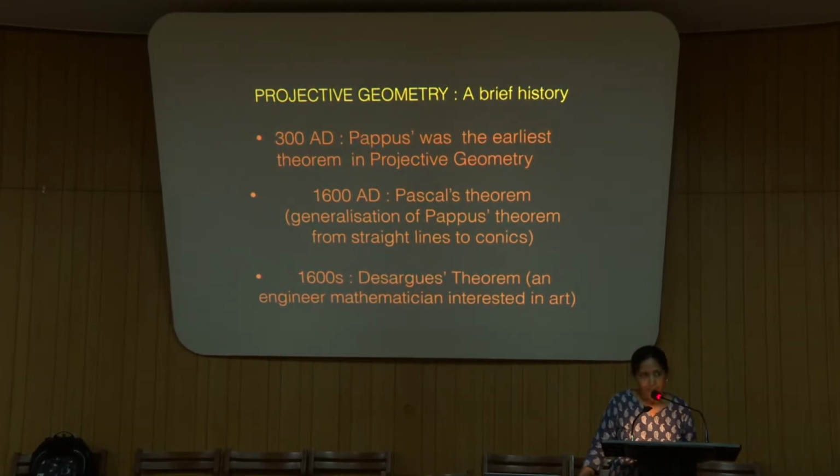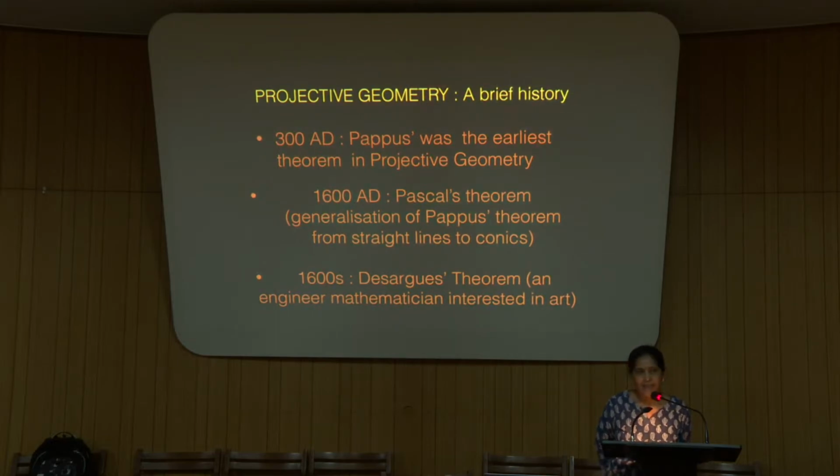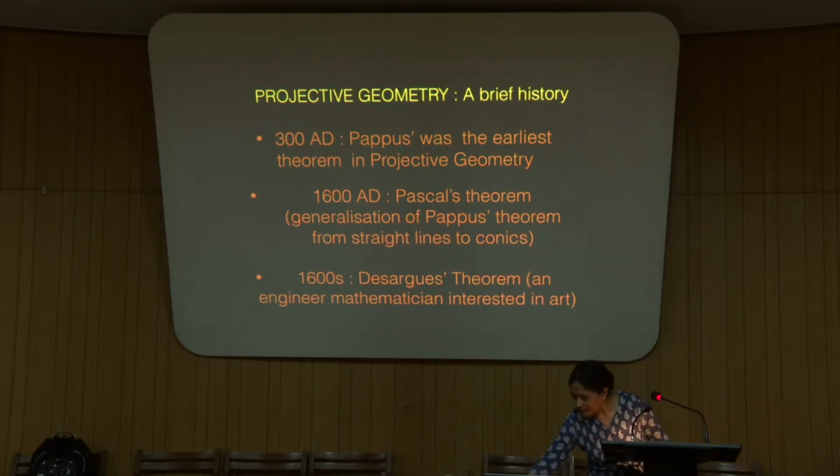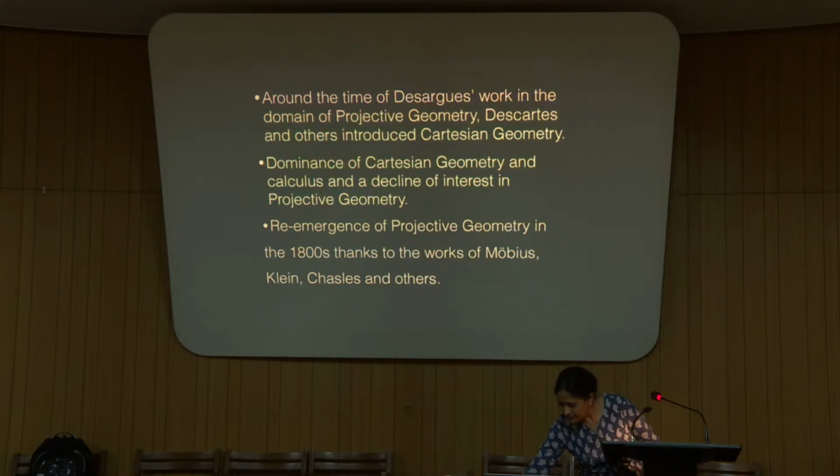So in the 1600s, there was a significant theorem formulated, which is significant in the realm of Renaissance art also. It's called Desargues' theorem. Desargues was an engineer, mathematician, who was interested in art. So he was all of these. This is an example of the fact that there is no barrier between all these endeavors.